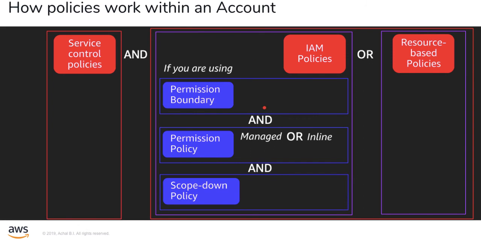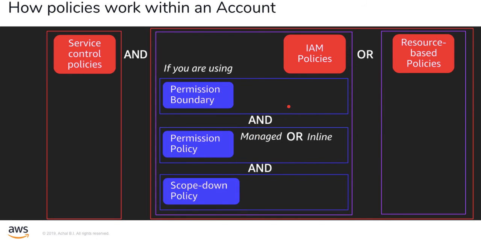If IAM policies are present, it checks under that, and then moves on to the permission policy. A permission policy has either a managed policy or an IAM inline policy. That would be compared again, and if there are any scope-down policies, those would be matched as well. The scope-down policy could be provided by STS.